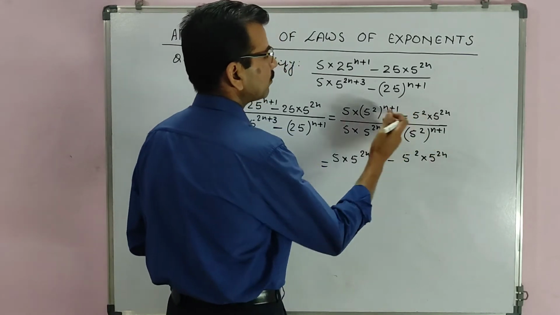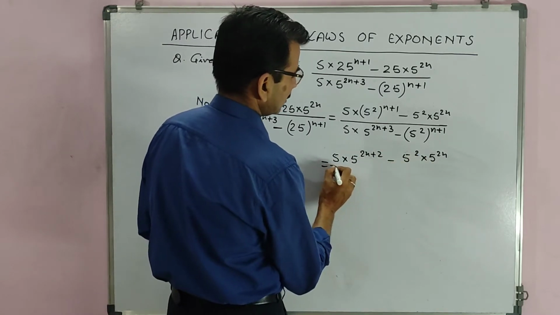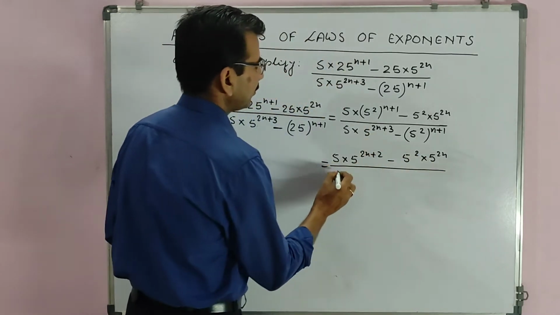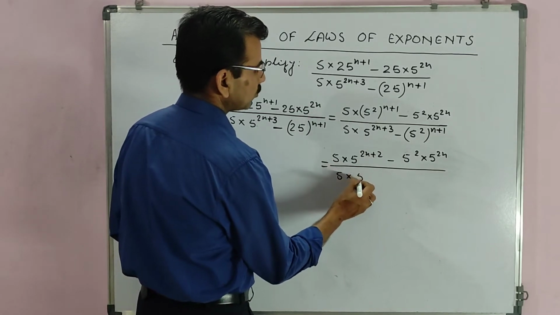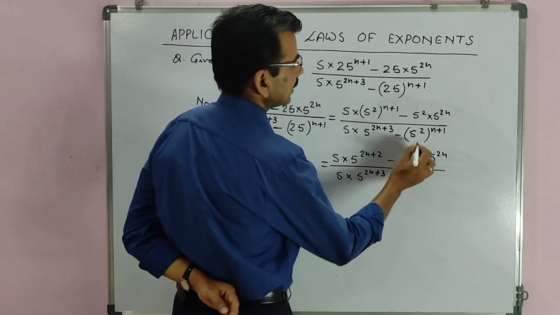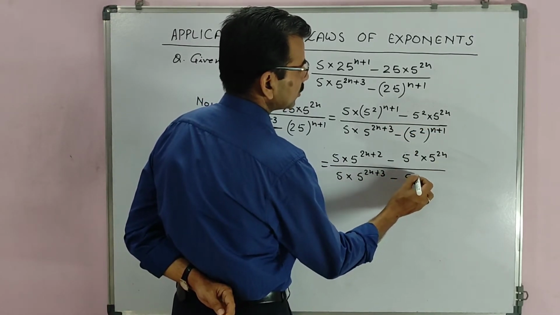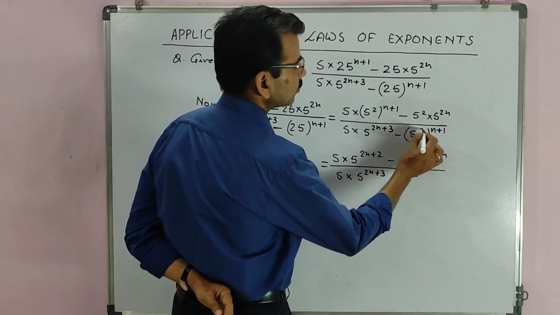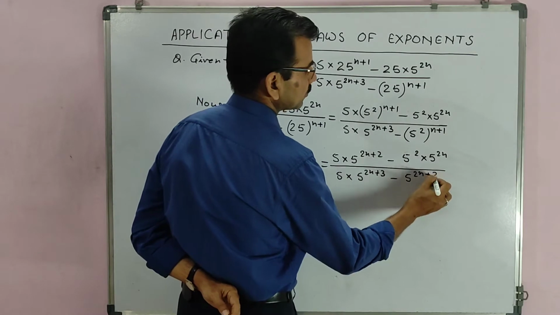Here we are not combining because again we have to separate the power. Now 5 into 5 raised to power 2n plus 3 as it is minus, here you multiply the powers, 5 raised to power 2n plus 2, 2 into n, 2n plus 2 into 1, 2.